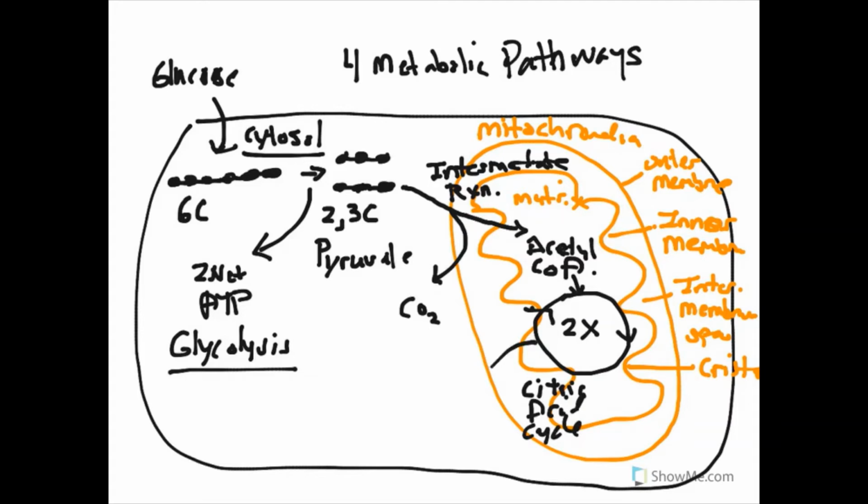Now, it does produce some CO2 as well. It also produces 2 molecules of ATP, as well as several electron carriers. Right now, I am not mentioning the electron carriers. I will do that in another video where each metabolic pathway gets its own.